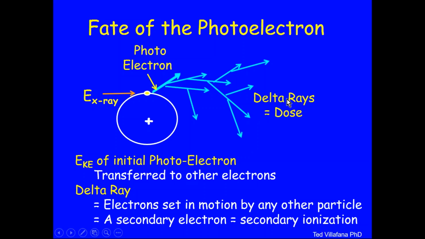A delta ray is an electron set in motion by another electron. These secondary electrons will produce ionization and knock out electrons of other atoms. So you have secondary ionizations.